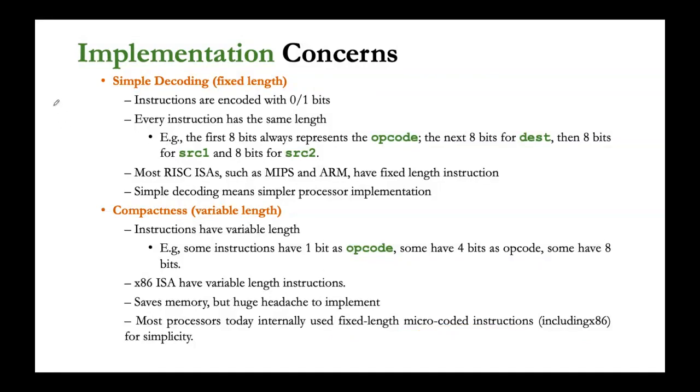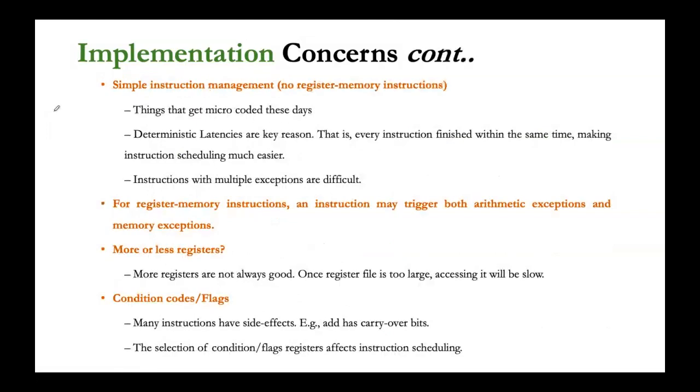So this is the RISC implementation concern of your ISA. Another implementation concern of instructions is simple instruction management. That means no register-memory instructions. If there are register-memory instructions, it becomes complicated. Simple instruction management means if it uses only register-to-register instructions, then all the operands will be available in the register itself.